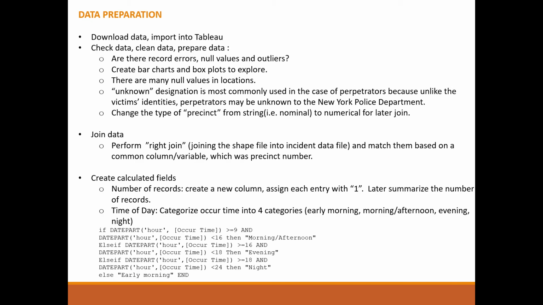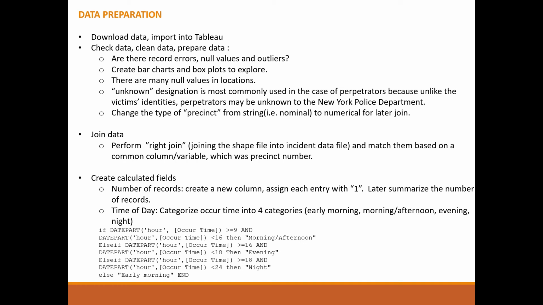Before doing my final project and visualization, I did some data preparation work. I first downloaded the data and imported it into Tableau. I checked the data, cleaned the data, and prepared the data. I created bar charts and box plots to understand whether there are record errors, unknown values, and outliers.